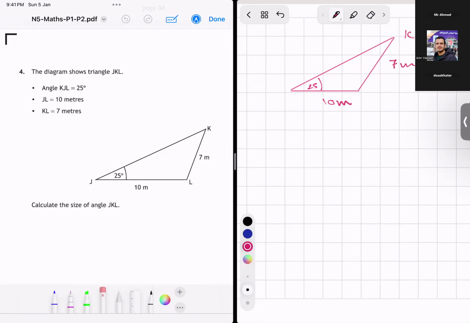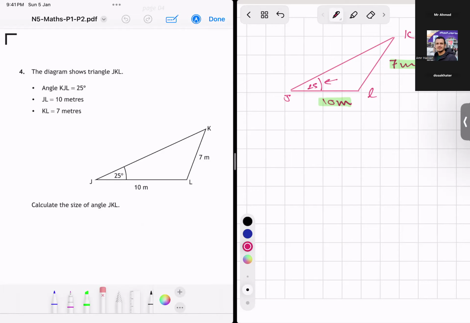K L J. He asked me what is the size of the angle. I need to figure out the given information that I have. I have a couple sides, right? So a couple sides, and I get an angle. So how can I do it?